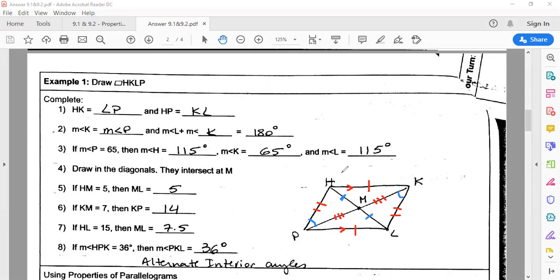I have two parallels cut by a transversal. Let's say PK is the transversal. These would be alternate interior angles, which makes them congruent. So angle PKL is 36 as well.